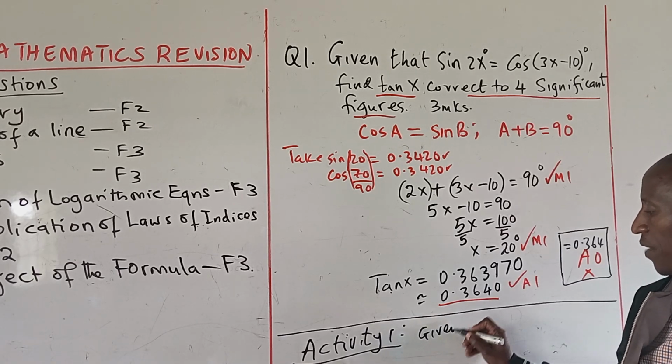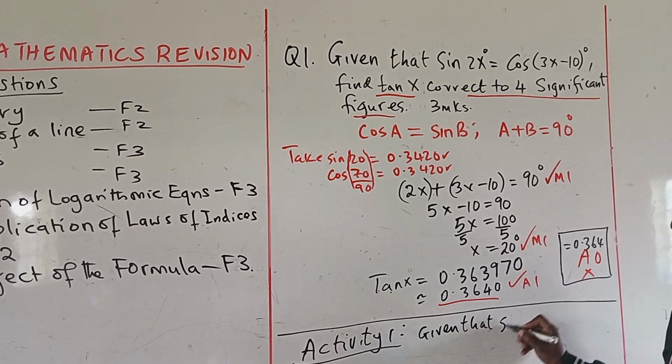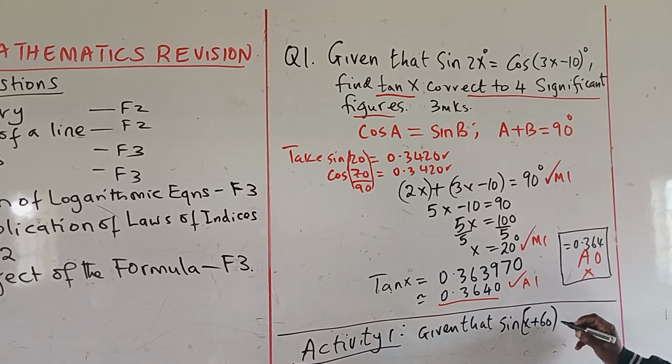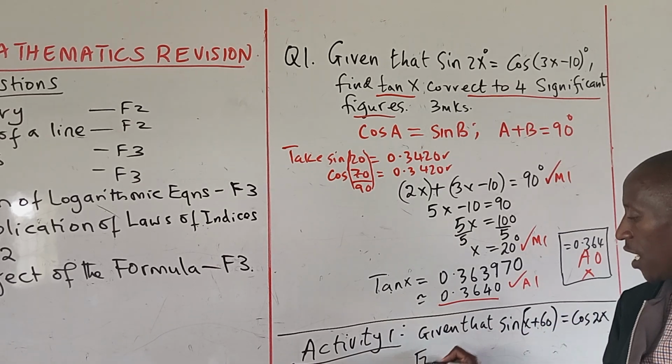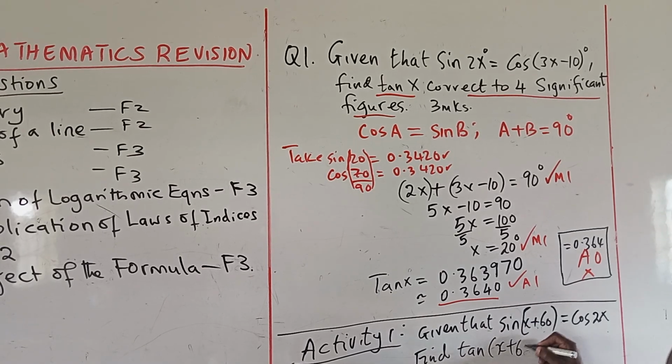Given that sine x into sine x plus 60 is equal to cos 2x, find the value of tan x plus 60.